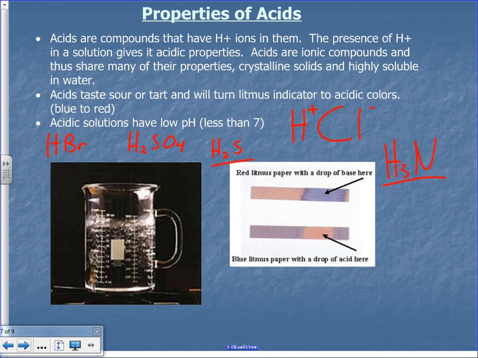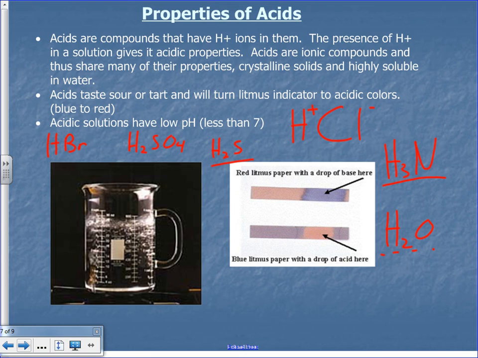H2O is not acidic because H2O is a molecular compound. Remember, the hydrogen atoms share their electrons with oxygen. So yes, you're right, when it looks like this, it looks like it should be acidic. Hydrogen peroxide? Yeah, it's slightly acidic, yes, but it's different. It's a weak acid.